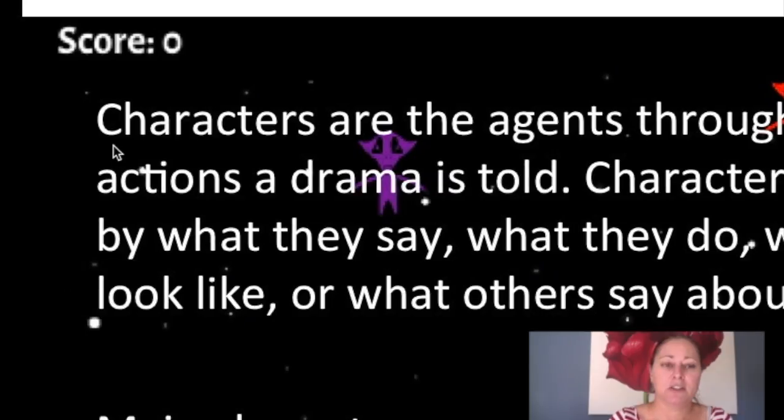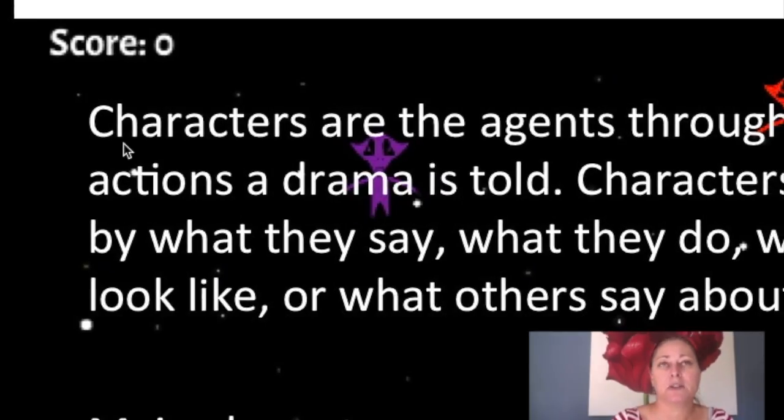And speaking of characters, characters are the ones who are actually carrying out the actions as the drama of your story and your game is unfolding. And so the characters are defined by what they say themselves, what they do, the actions they take, and what they look like, their physical appearance, what equipment they might have, and what other people in the game might say about them.